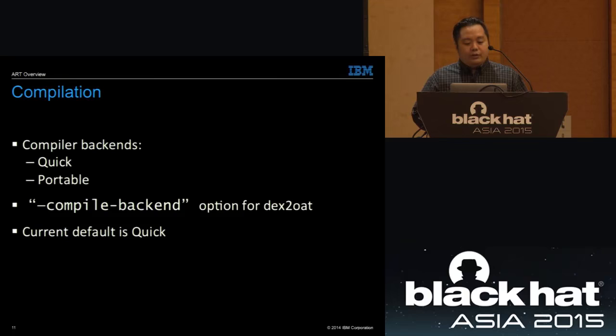I won't go into the nitty-gritty details of compilation, but I have to mention that there are currently two types of compilation that can be done through the two compiler backends, which are quick and portable. You can choose this through the command line parameter compiler backend for dex2oat, and the current default for ART is quick.